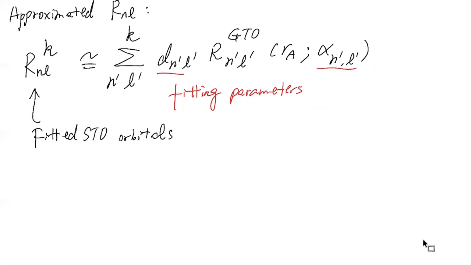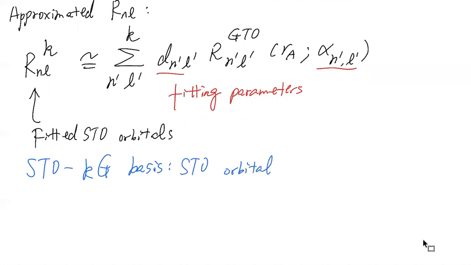So this is called STO-KG basis. Well, because the STO orbital is approximated by a linear combination of K Gaussians.